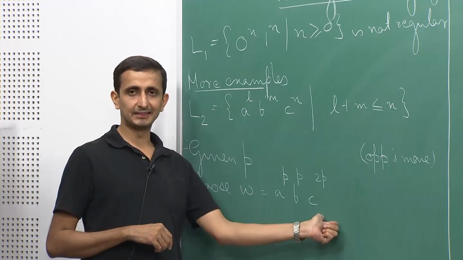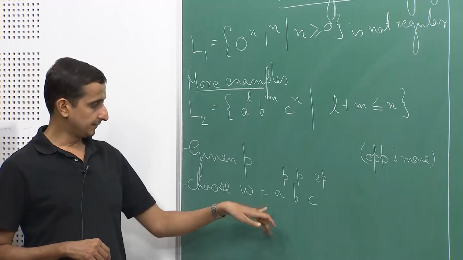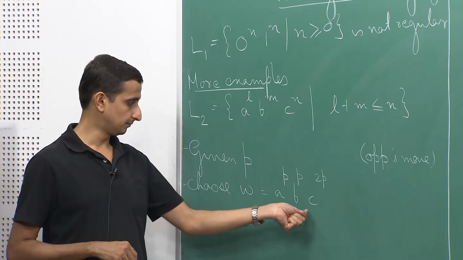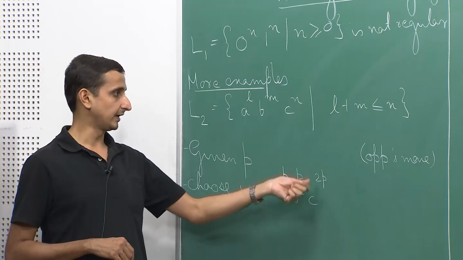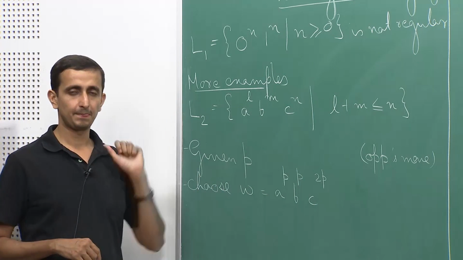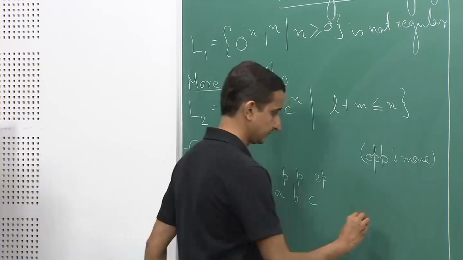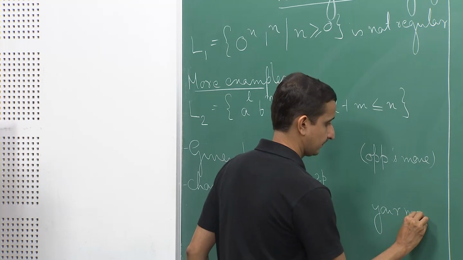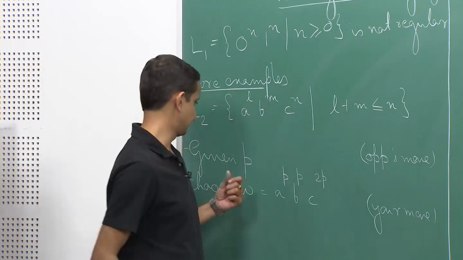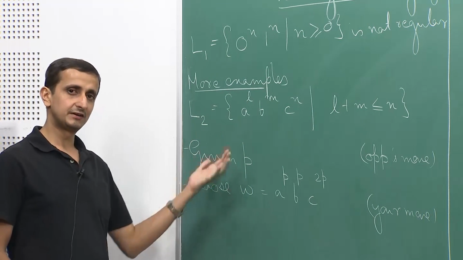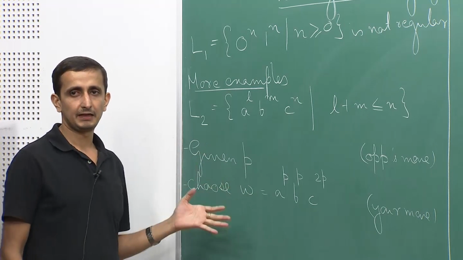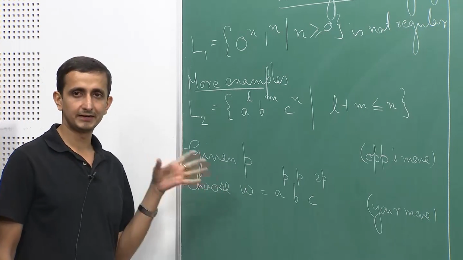Clearly this string has length more than p, and the number of a's plus the number of b's is equal to the number of c's. Hence it belongs to the language L2. This is your move. If it is your opponent's move, it is given to you and you do not have any control. If it is your move, you can choose any string that you want that satisfies the constraint.